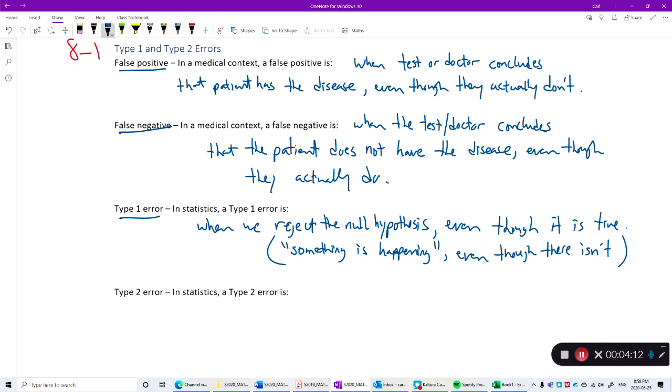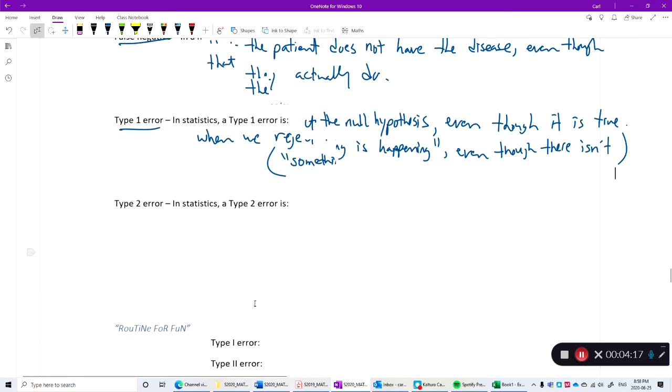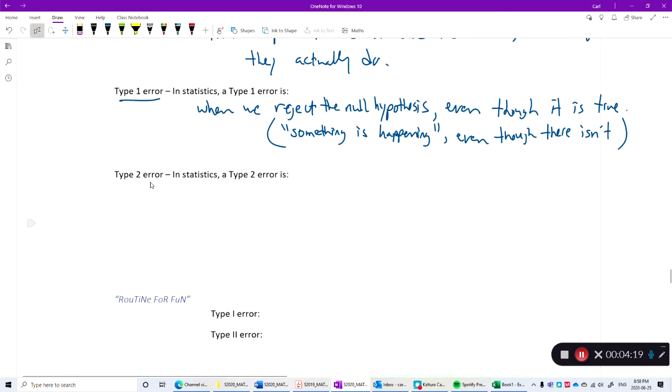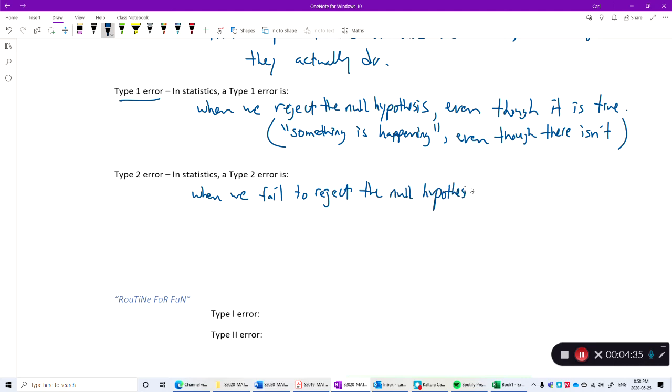And that's exactly like a false positive. Let's do type 2 first, and then I'll say that. So type 2 is when we fail to reject the null hypothesis, even though it is false. That's like saying we fail to reject the null.